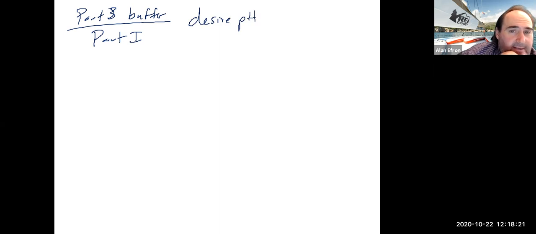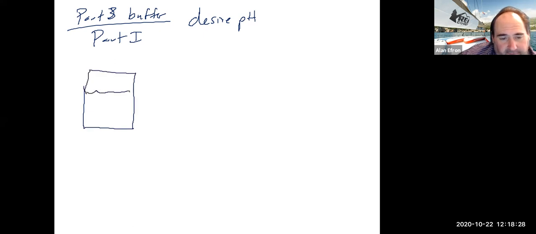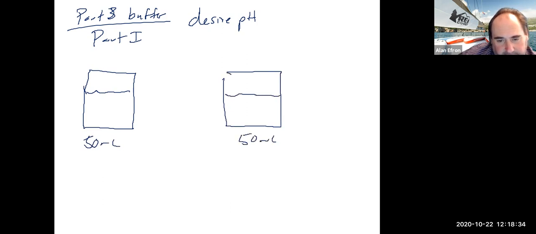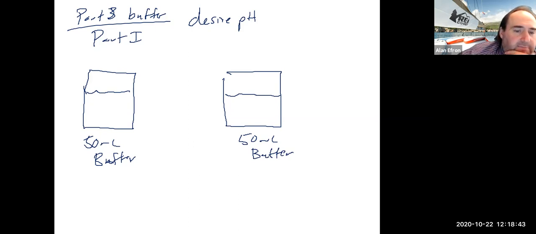You're then going to take that buffer and pour 50 milliliters of your buffer into 2 different beakers. So once you've made your buffer through method 2, you will split your buffer into 2 50 milliliter portions.